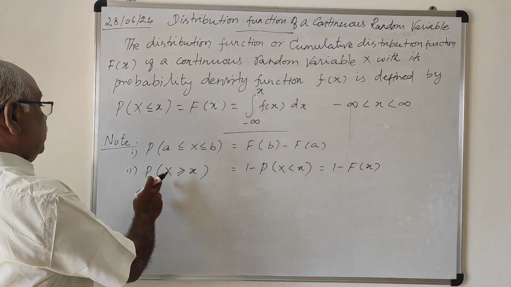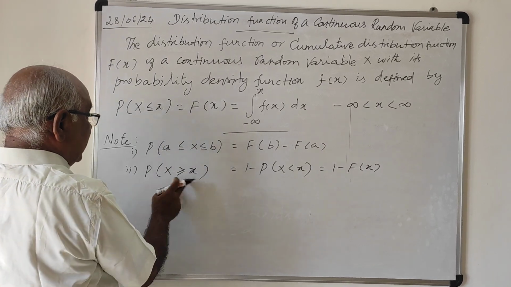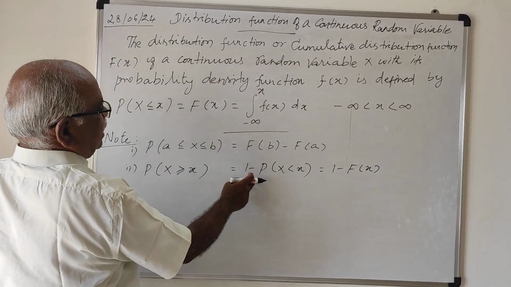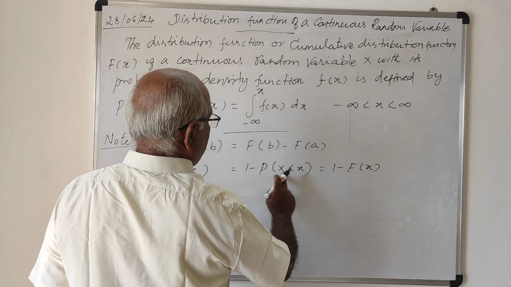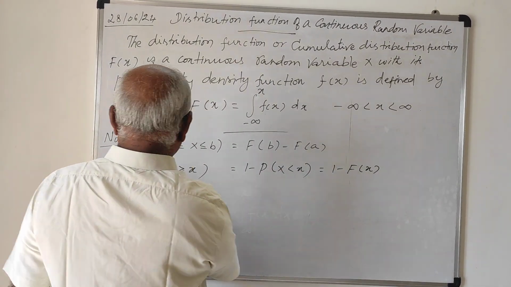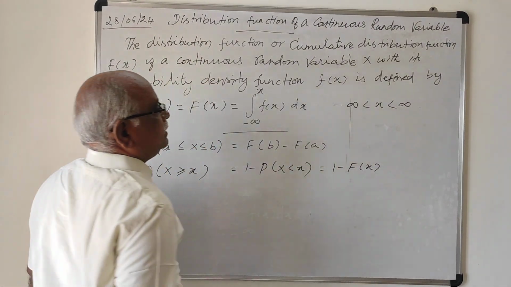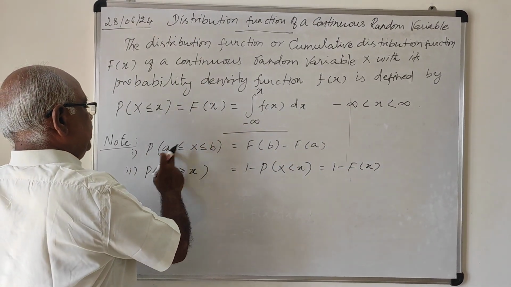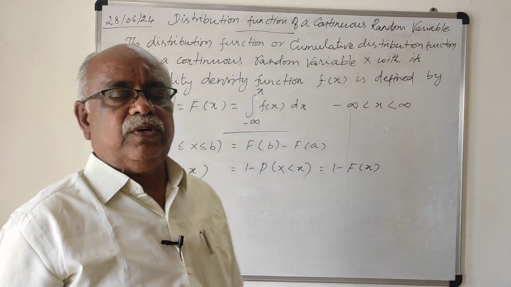Also, the probability of x greater than or equal to x is 1 minus the probability of x less than x, that is, 1 minus capital F of x. And the probability between a and b is F of b minus F of a. These are the two properties of the cumulative distribution function.